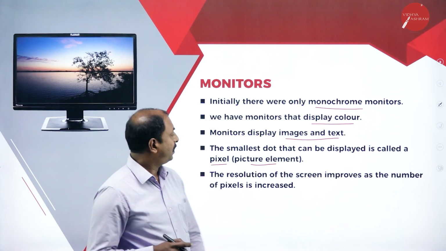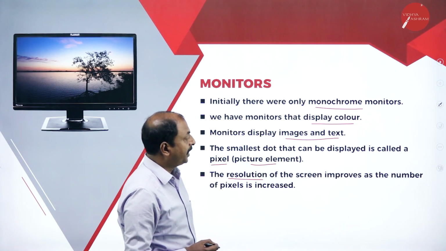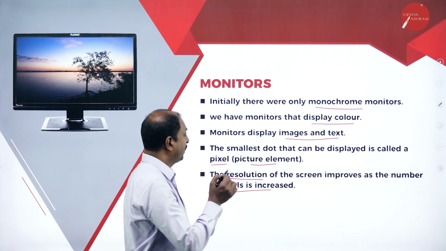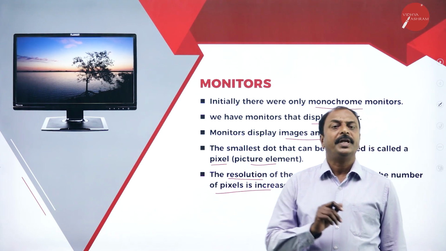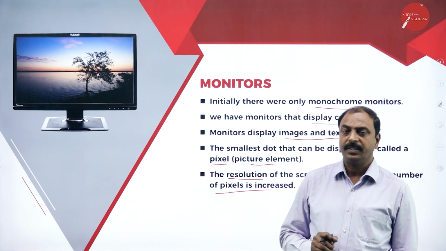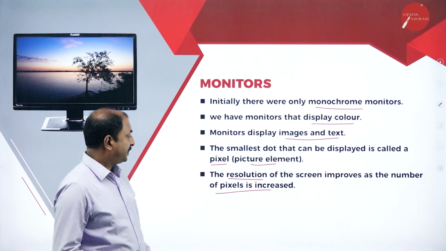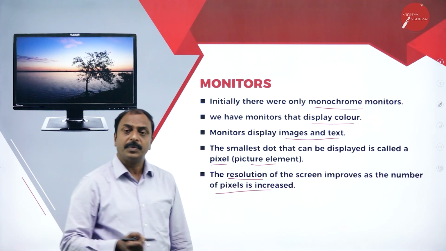Those small dots are called pixels, and the resolution of the screen improves as the number of pixels is increased. Because we can see so many dots on the monitor, if there are more pixels, that improves the resolution of the monitor.